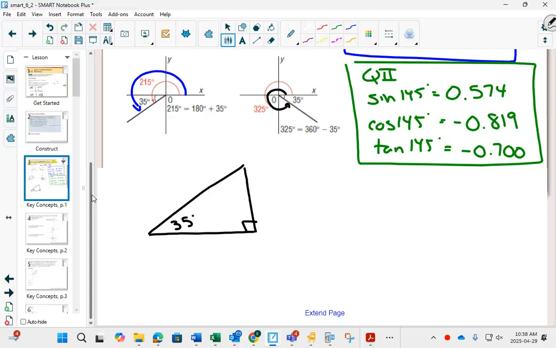They could have found that this side was really close to 7, this side was really close to 10, and this side was really close to the square root, a squared plus b squared equals c squared, of 149.